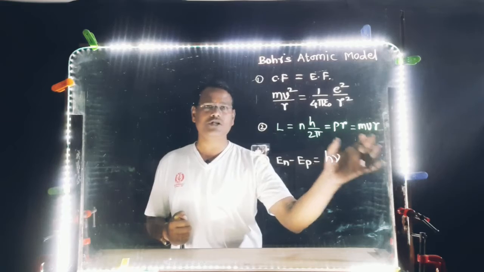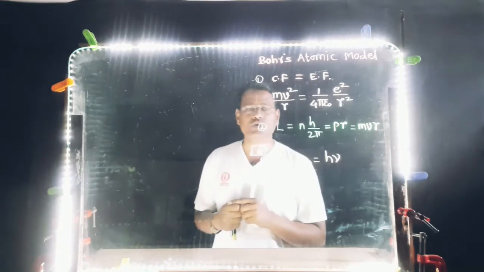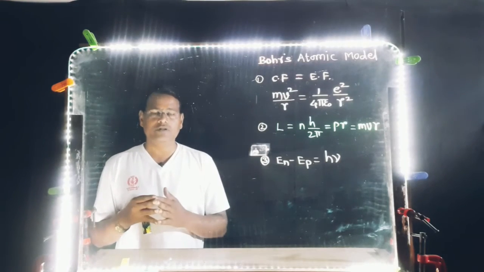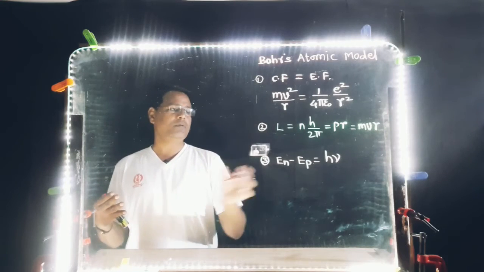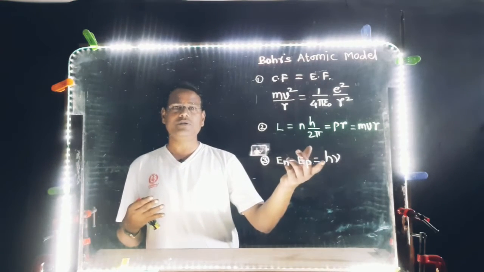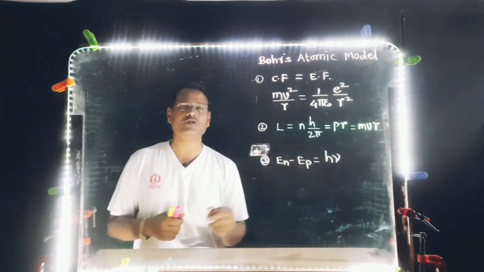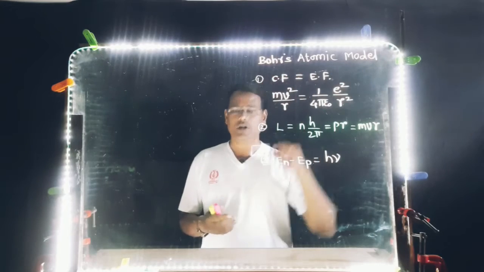So this is the conditional part. Last one, an electron can radiate energy only when it jumps from an outer energy orbit, that is a higher energy orbit, to a lower energy orbit, that is an inner orbit, and that energy radiated during the transition is equal to the difference between energies of the corresponding orbits. So this is Bohr's atomic model.